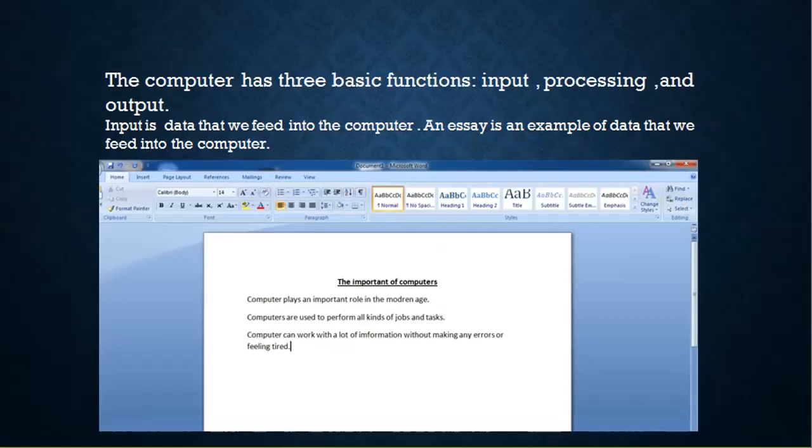So the computer has three basic functions: input, processing, and output. Input is data that we feed into the computer. An essay is an example of data that we feed into the computer.